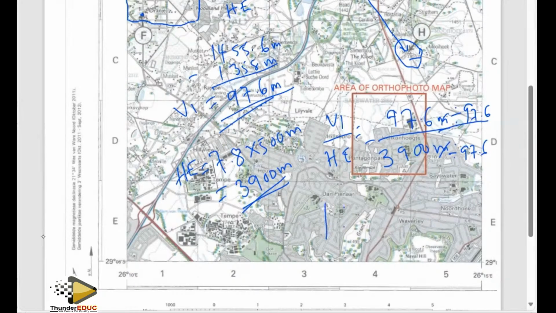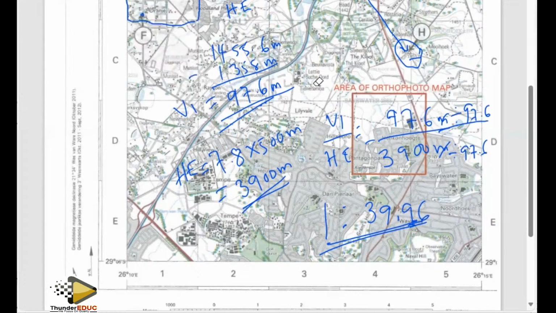As to what we're going to get if we divide 3,900 by 97.6 is going to give us 39.96 if we round it off to 2 decimal places. This is the value of our gradient, average gradient between the 2 points. 1 is to 39.96 in that ratio format. That is our gradient between the two points from the map.